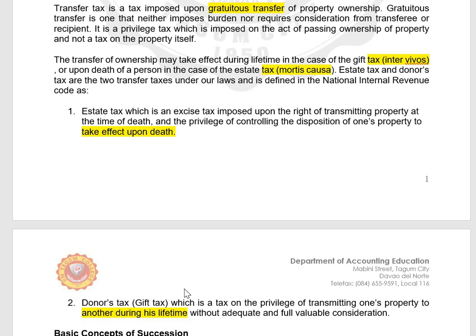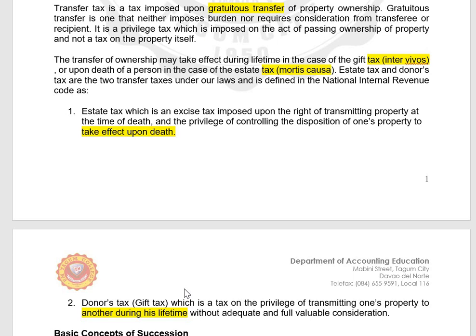Yung donor's tax naman is a tax on the privilege of transmitting one's property to another during his lifetime. Meaning to say, mag-take effect siya during the lifetime of the donor, without adequate and full valuable consideration, or gratuitous transfer siya, walang consideration.